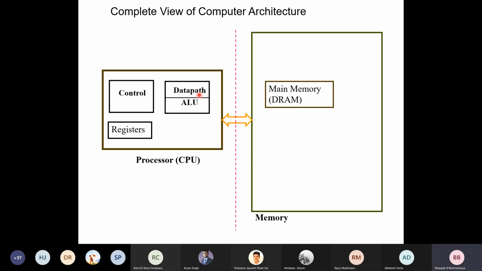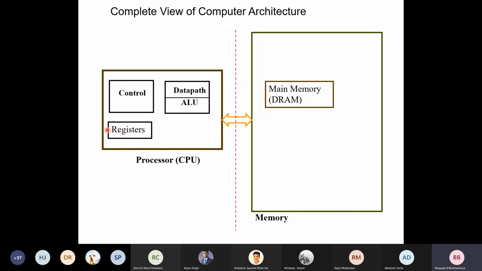You have data paths, that means the paths through which you can pass the data from one component to another. You have the arithmetic logic unit for performing arithmetic and logical operations. And this is the controller, the most important thing. This is the brain of the machine, right? Under the controller, all actions are synchronized. So this is the processor side.